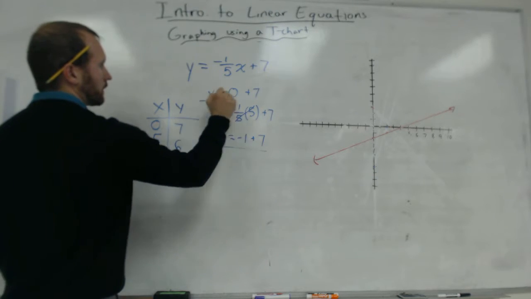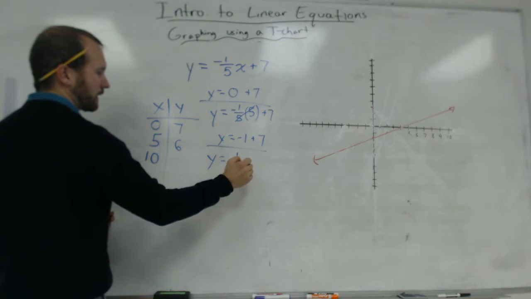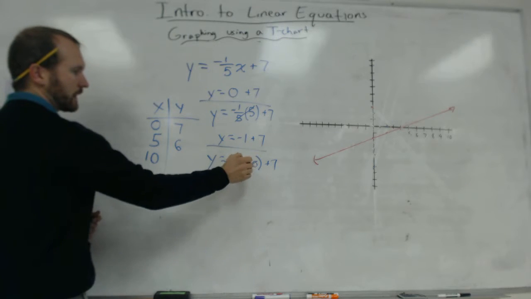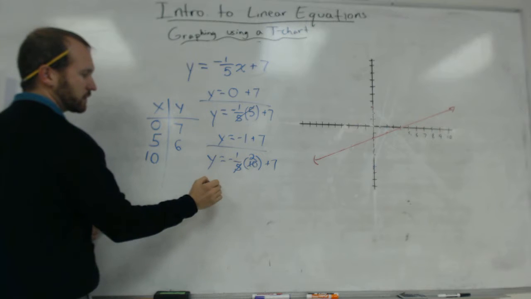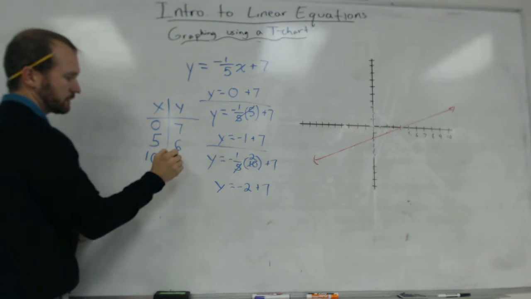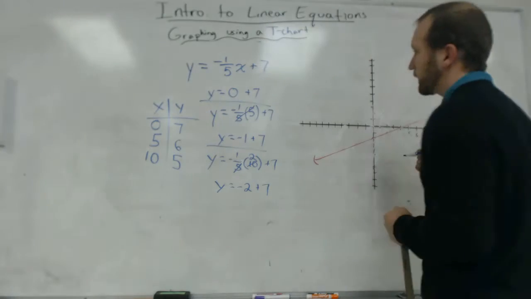And then the last one, y equals negative 1/5 times 10 plus 7. The 10 cancels with the 5, leaving 2. So I have negative 2 plus 7, which is 5.